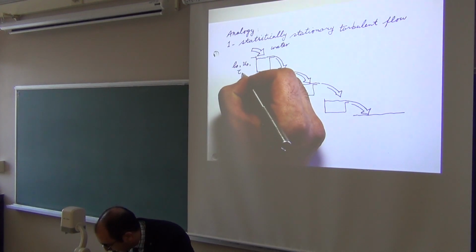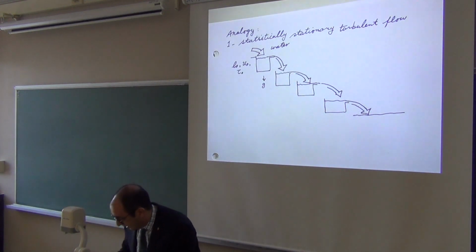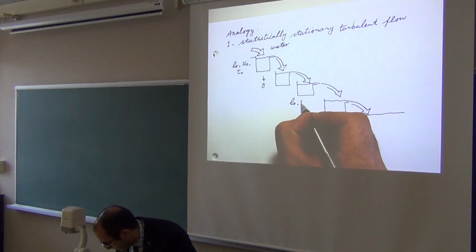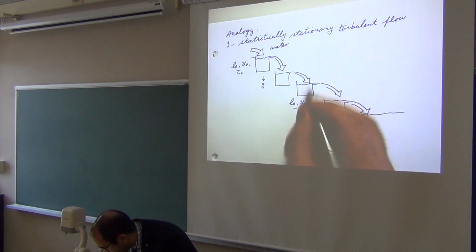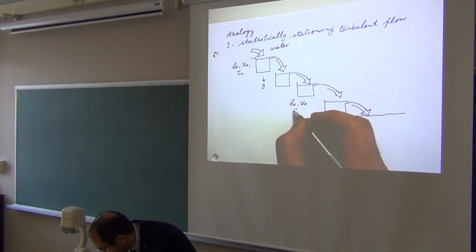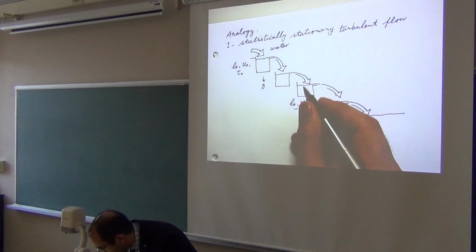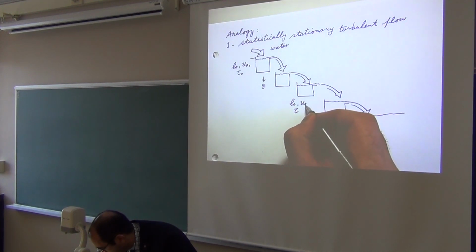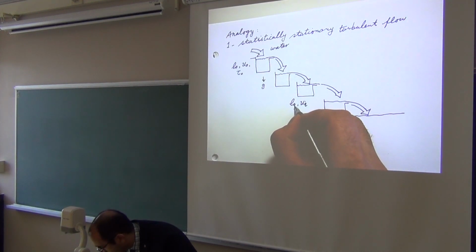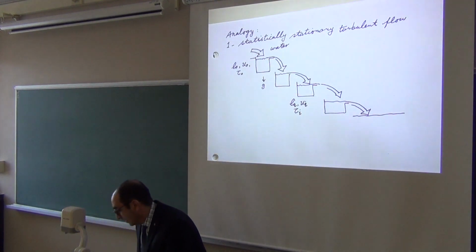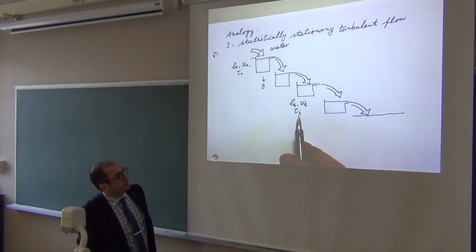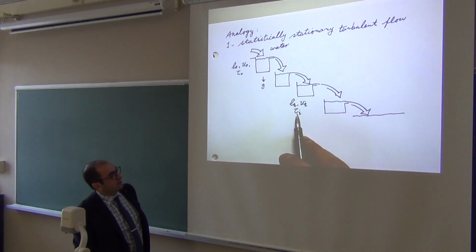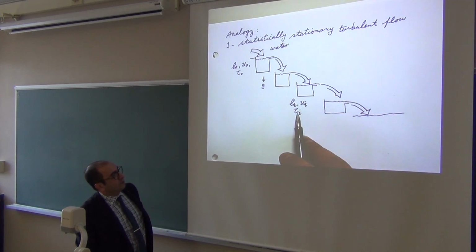Think of this as the largest stage, and then these would be stage I, because each stage has a different length, velocity, and time scales for the eddies to form.